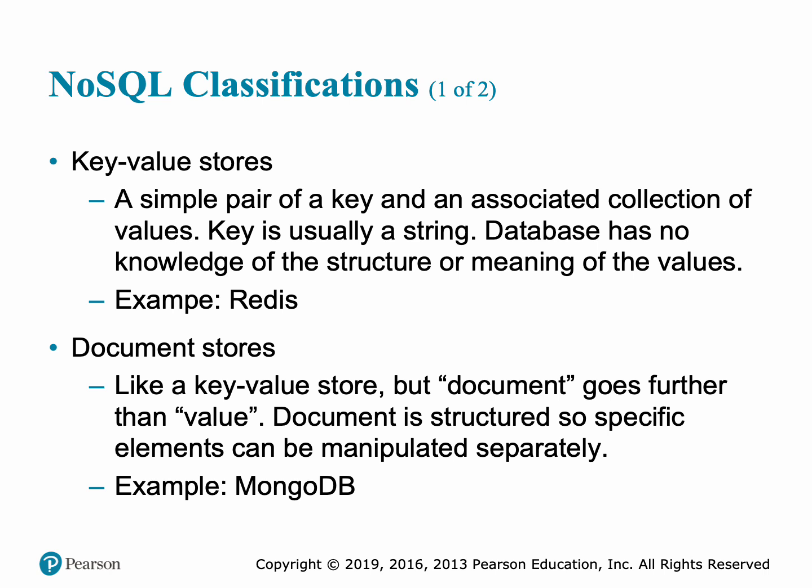This model is highly efficient for read and write operations, making it ideal for applications requiring rapid access to large volumes of data. A common example of a key value store is Redis, which is widely used for caching, session management, and real-time analytics due to its in-memory data storage capability that ensures high performance and low latency.